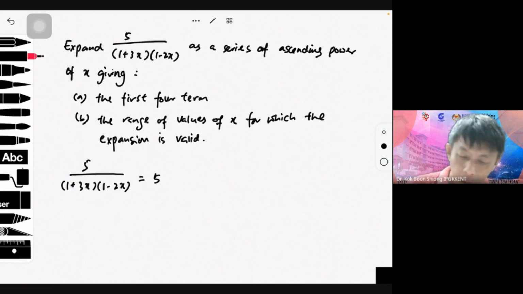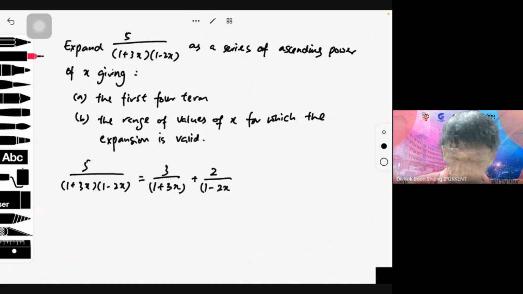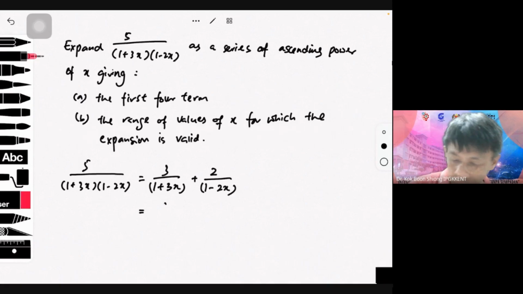So after solving the partial fractions, we will have 3 over 1 plus 3x plus 2 over 1 minus 2x. So we have two parts. The first part, 3 times 1 plus 3x to the power negative 1, and the second part, 2 times 1 minus 2x to the power negative 1. So we will solve part by part.